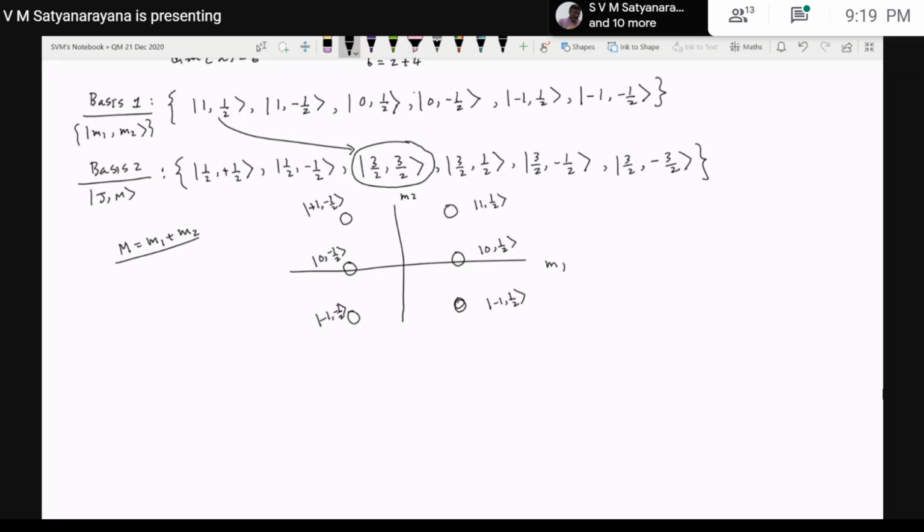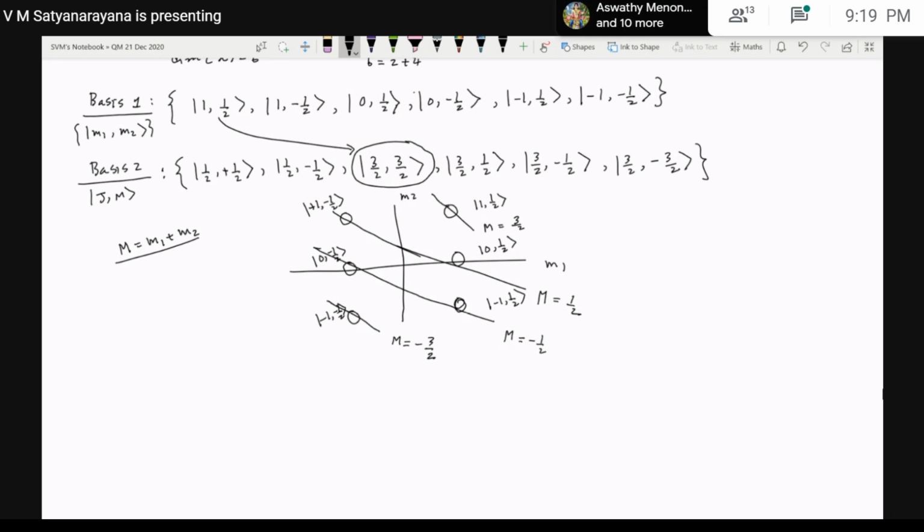So let me now write down this one corresponding to capital M equal to 3 by 2. Then 0 plus half or 1 minus half, so these two will be capital M equal to half, and these two will correspond to capital M equal to minus half, and this will be capital M equal to minus 3 by 2.